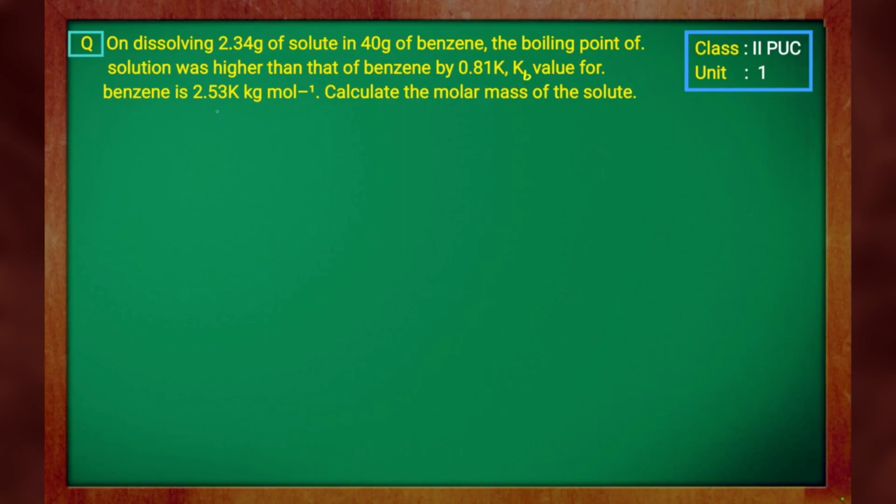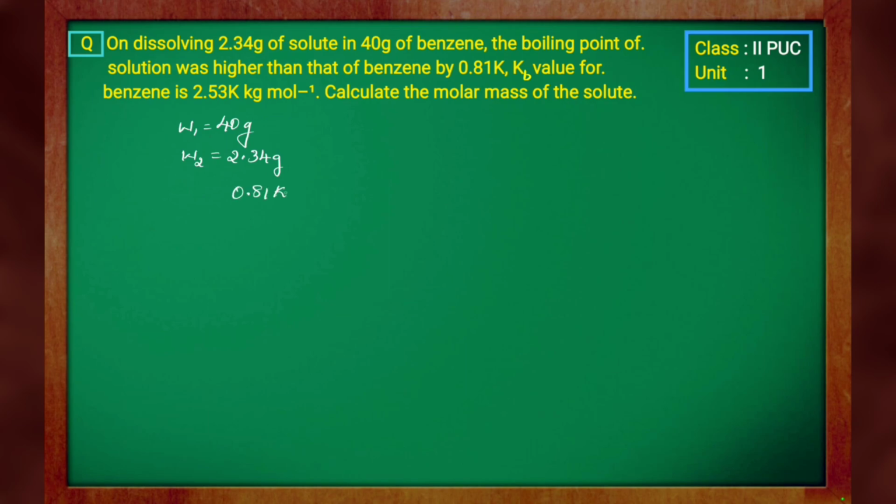So they have given that on dissolving 2.34 gram of solute in 40 gram of benzene. So 40 gram is the weight of benzene, which is the solvent. So therefore it is represented as W1, and the weight of solute is represented as W2, which is 2.34 gram. So they told that the boiling point of solution was higher than benzene by 0.81 Kelvin.